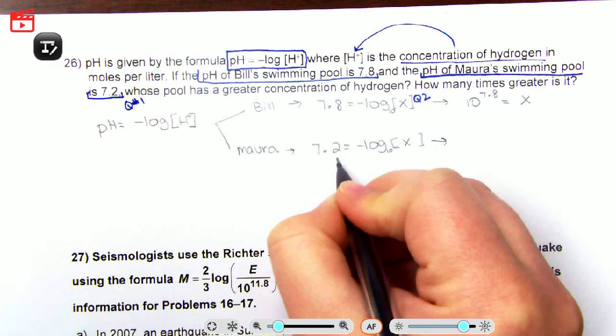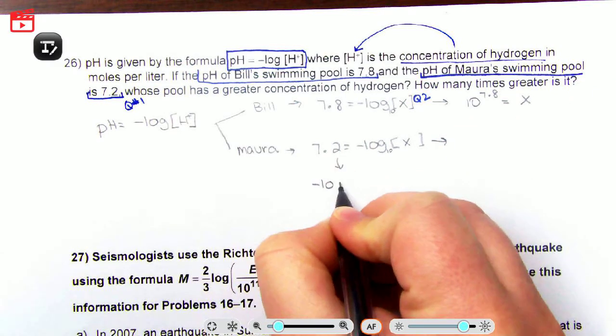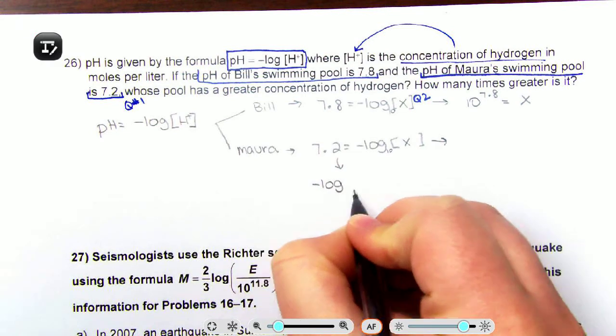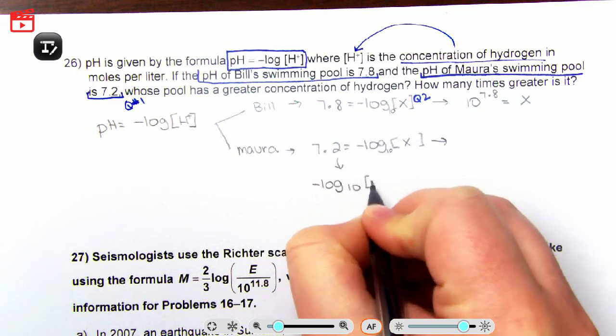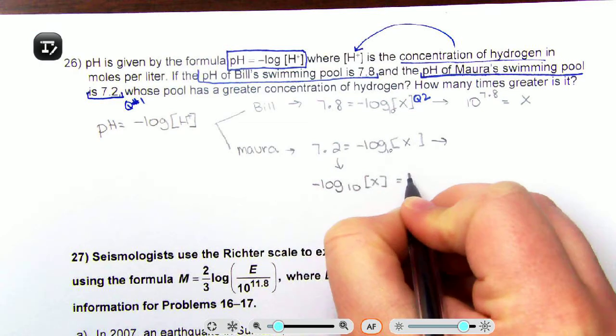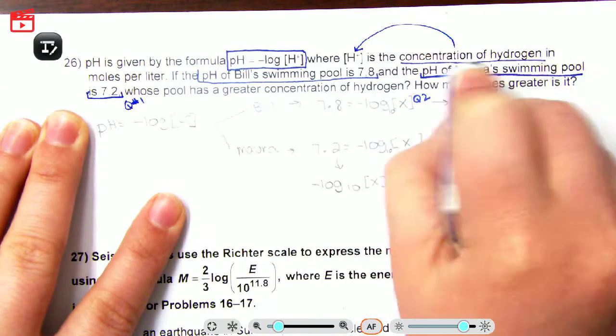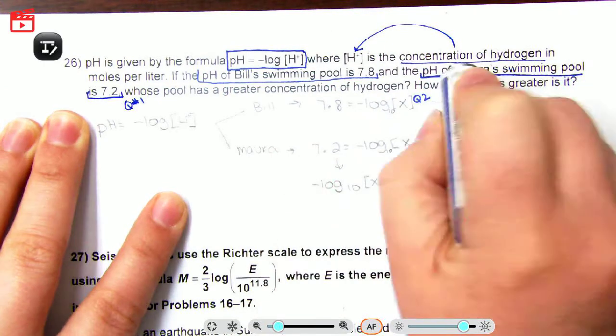Oh, you know what? I'm going to need to use that eraser again. I didn't realize there was a negative out in front, so I'm going to change that, and you'll see why.